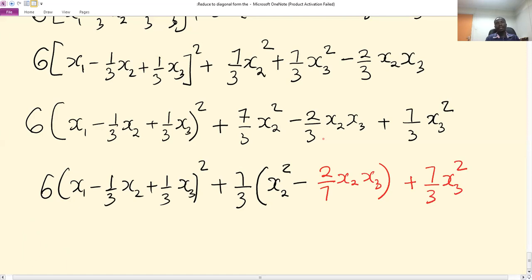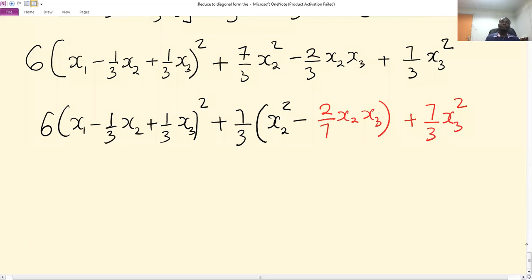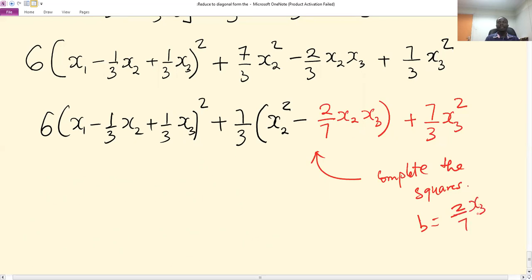I see when I open the bracket, I still get back my minus 2/3. So I now complete the squares. Remember here we are completing for x2. So our b is minus 2/7 x3. When you divide by 2, we get minus 1/7 x3.